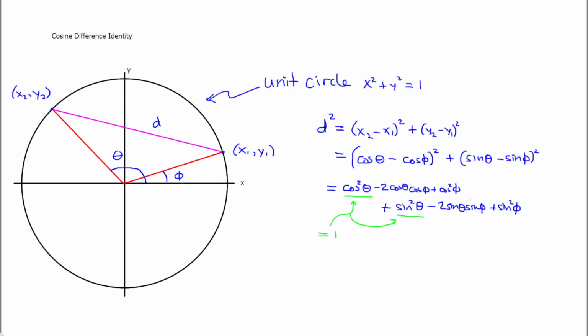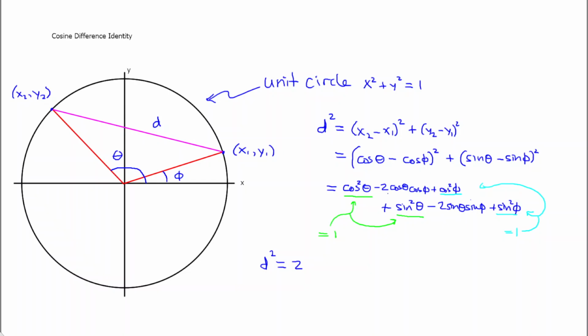And we have a very similar thing going on here with the sine squared phi and cosine squared phi. So d squared: we'll have a 1 from one of these sine squared, cosine squared pairs, and a 1 from the other.